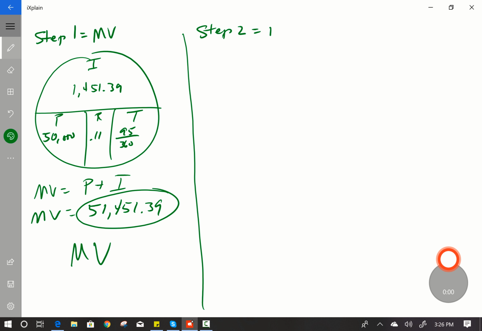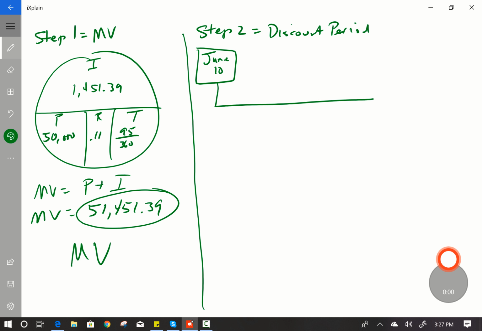Okay, now step 2. This is the discount period. So in the discount period, I know that the note originated on June the 10th. Okay, this particular note, the length is 95 days. So I don't know the maturity date right now, but I'm going to calculate it.